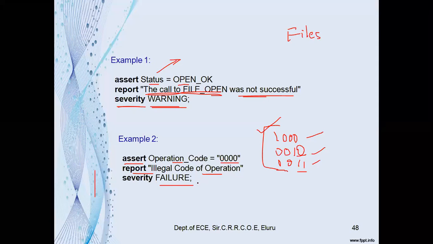But if the input is other than these 4 zeros, then the Boolean condition becomes false. If the Boolean condition becomes false, it reports a message with the severity level. So usually these assertion statements describe the limitations of the entity.